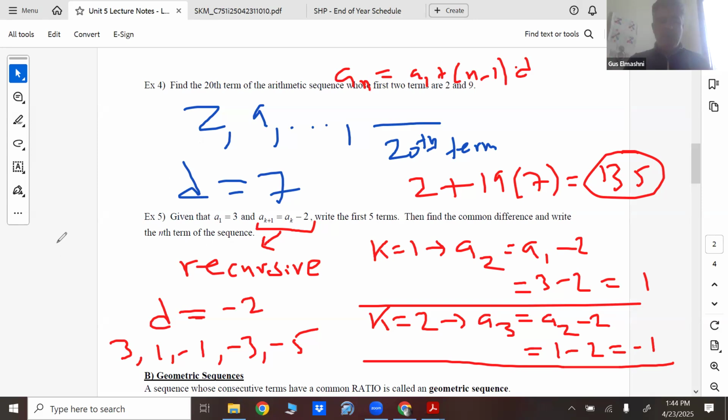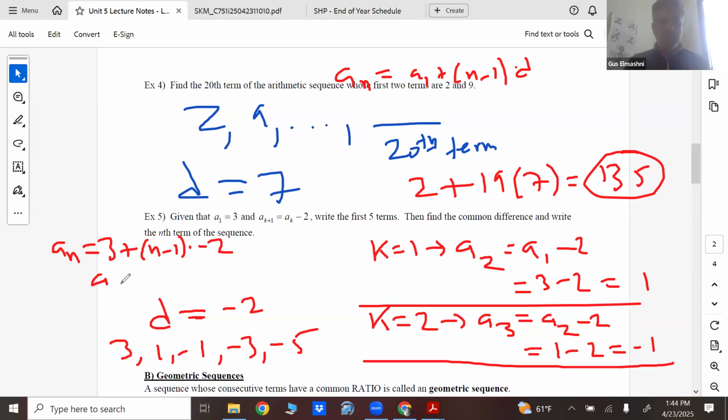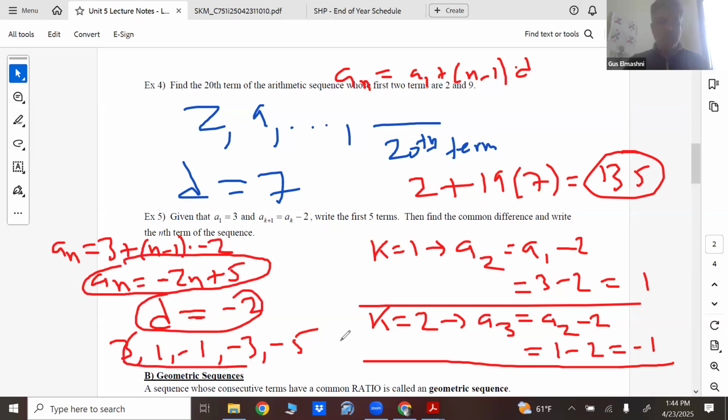Well, that would just be an equals, what's the first term? 3 plus n minus 1 times -2, right? So you should get -2n plus 5. So that's your explicit. That's your common difference, first 5 terms.